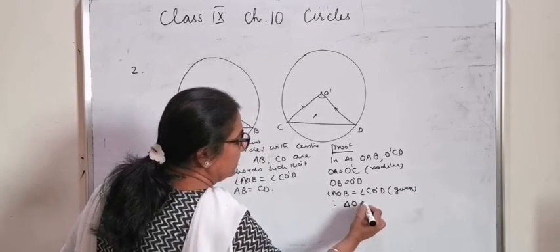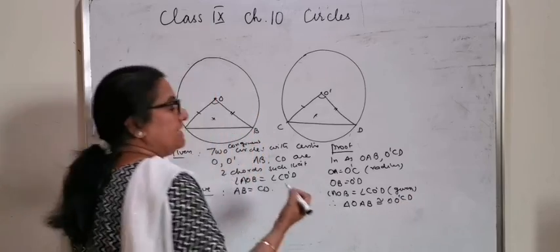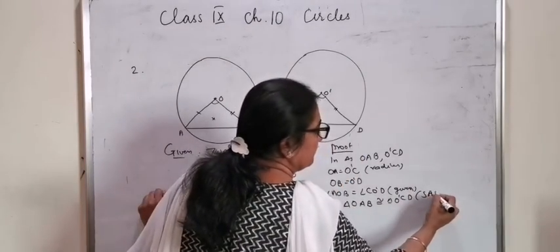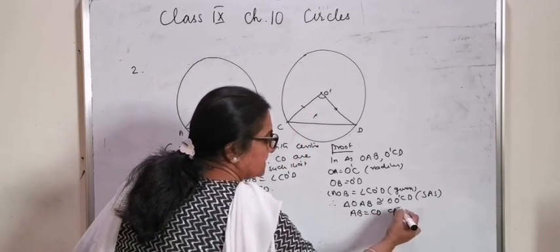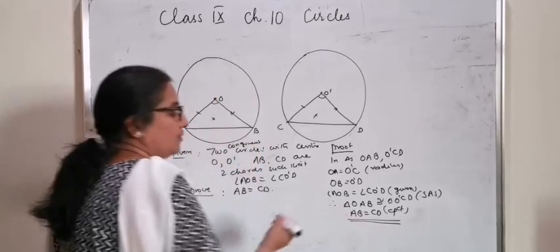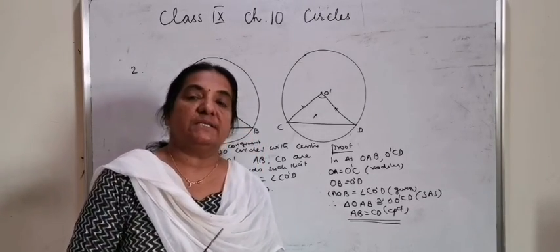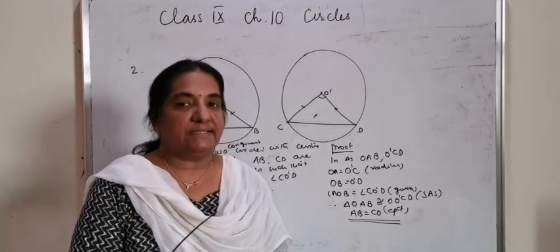Therefore, triangle OAB is congruent to triangle O'CD by SAS. AB equal to CD by CPCT, the corresponding parts of congruent triangles. Thus, the first property as well as the converse we are proving in case the circles are congruent circles.